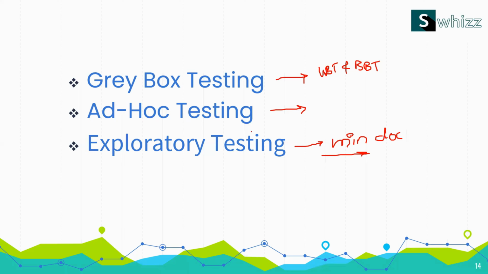Now, ad hoc testing is an informal testing. Informal testing means there is no proper procedure, no proper writing of test cases, no reviewing of test cases, and no report generation either. It's completely informal, so that's why we call it ad hoc testing. But how do we make sure ad hoc testing gives the best results?